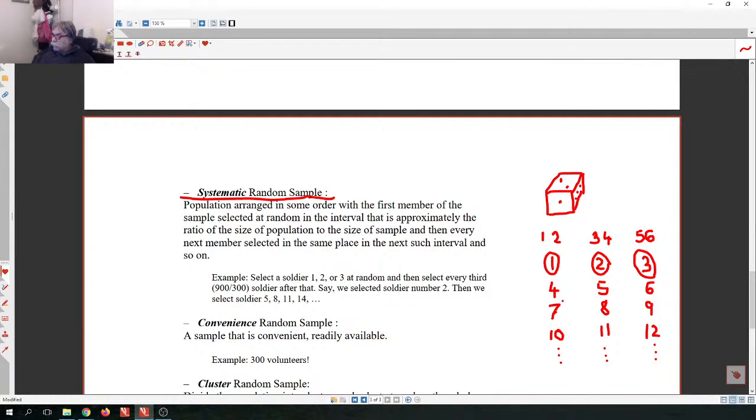While 1, 4, and 7 will be in your sample with a chance of 1 out of 3. Because if the die ends up as 1 or 2, you will have 1, 4, and 7 in your selection. So you see, we are violating the basic principle of simple random sample.